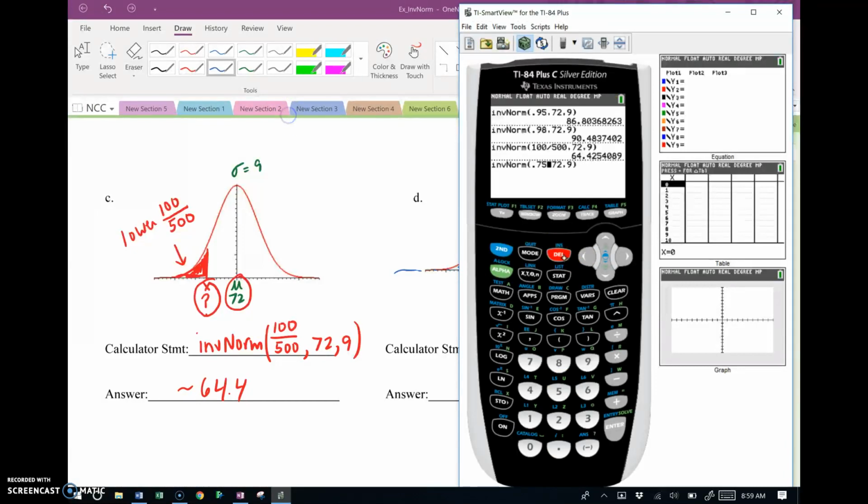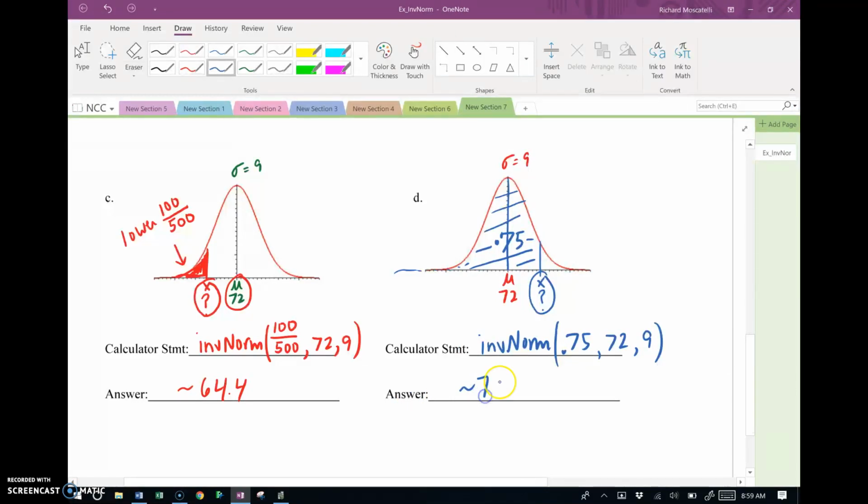All right, so area on the left, 75%, comma the mean, comma the standard deviation. 78.1 ballpark, which makes sense. Center 72, that's the 50th percentile. 78.1 being the 75th percentile.